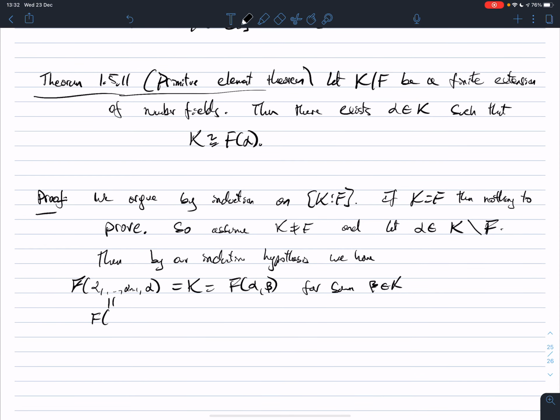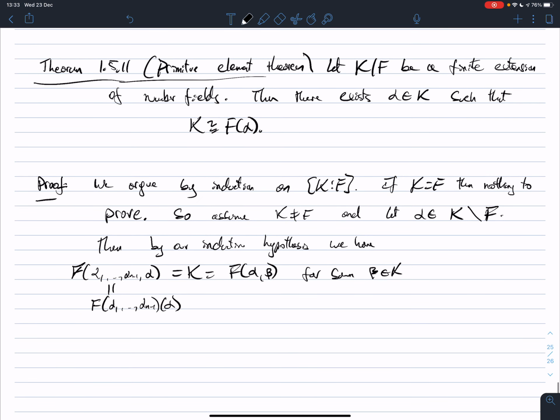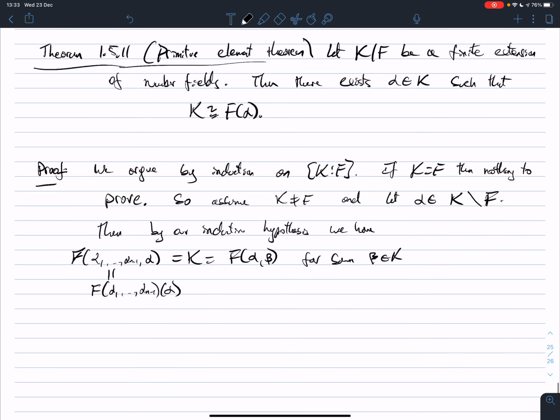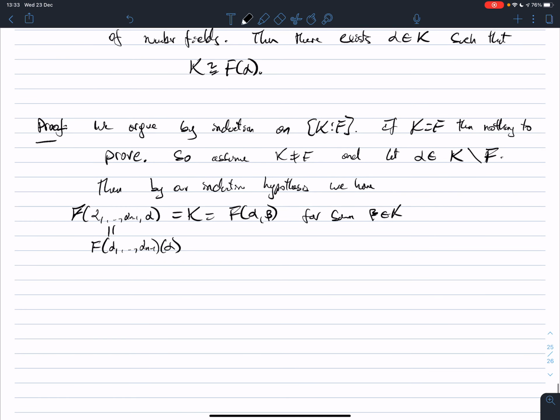I can write this as F of alpha 1 through alpha n minus 1 adjoin alpha, by what we saw in the tower law. But now this is some field of smaller degree. So because I'm doing an induction, I can assume that this field is generated by just one element, beta, instead of using n minus 1 things. So this is F of beta, and then this is F of beta adjoin alpha. So I know that my field K looks like F of alpha plus beta.